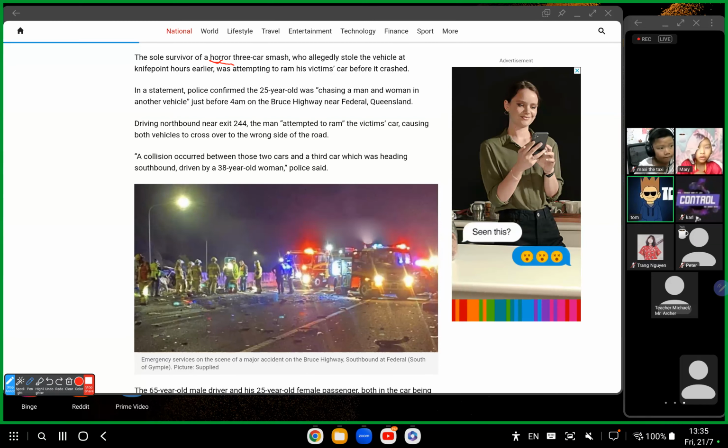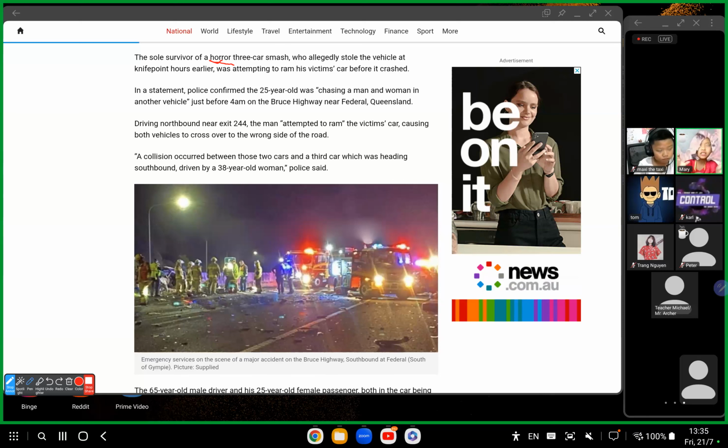Teacher, what does attempted to ram mean? Is it crash into each other? So attempted means they tried to. And to ram it means he tried to hit it. He tried to smack into the car.